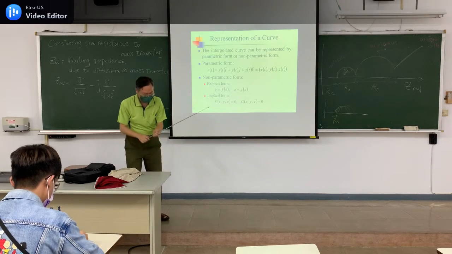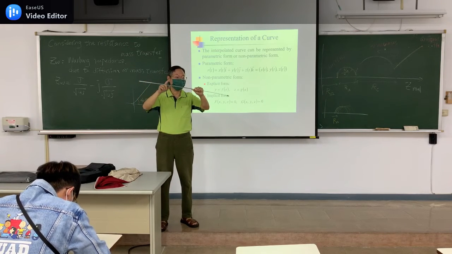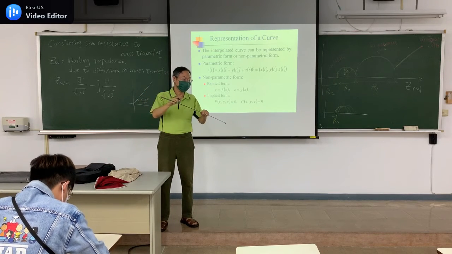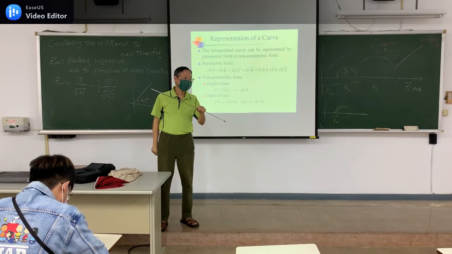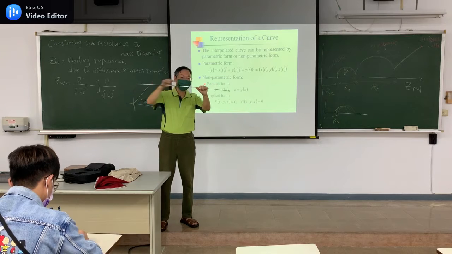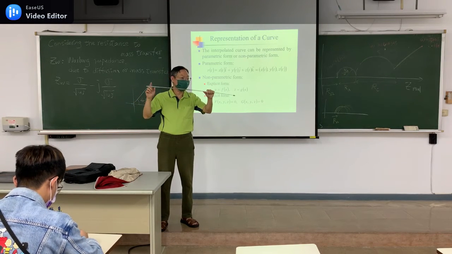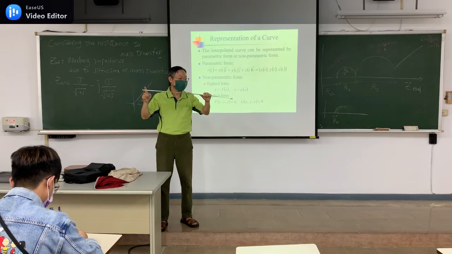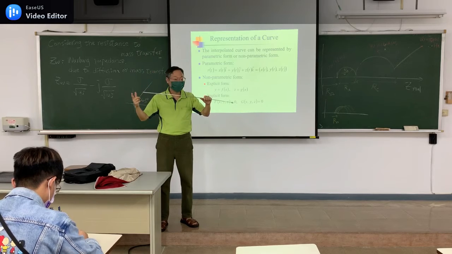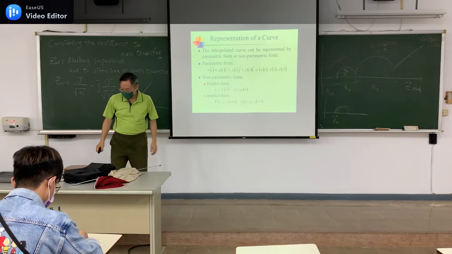Along this curve, x can be written as a function of that parameter, and y can be written as a function of the same parameter. In this way, we can describe a path.